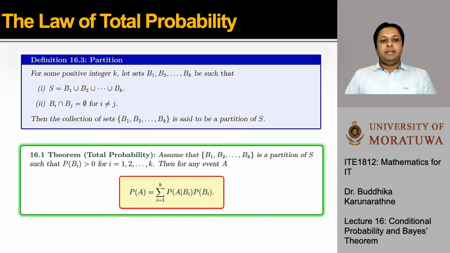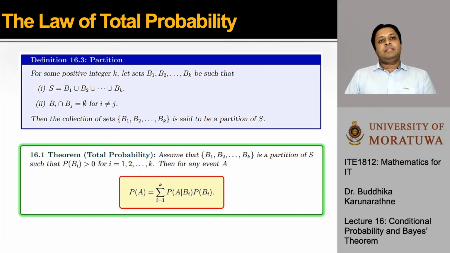However, Bi intersection Bj with any combination is equal to the empty set. Then the collection of sets B1, B2 until Bk is said to be a partition of S. So we introduce the partition of the sample space before introducing the total probability.